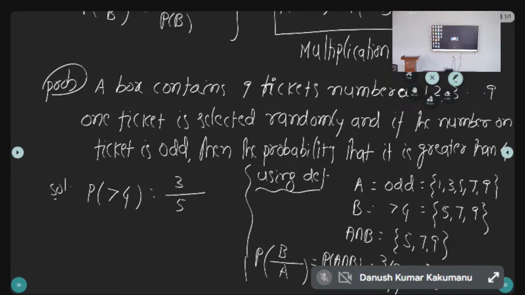If you follow it traditionally, this is the rule. If you don't want to follow the rule, this is the answer. Which is better? You have to do it smartly.